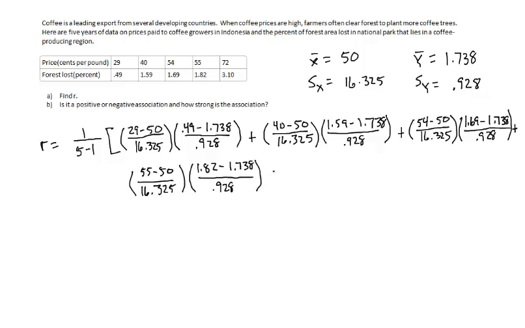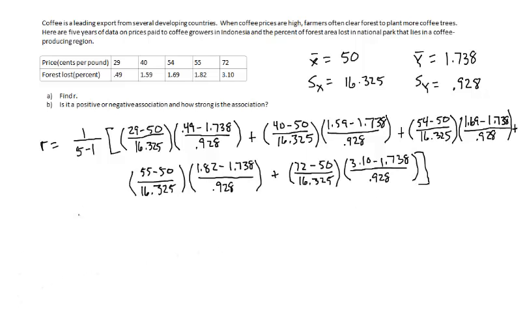And then our last set of data, our x bar is still 50, our xi is 72, 72 minus 50 divided by 16.325 times 3.1 minus 1.738 divided by 0.928. And now we need to take the time to crunch all of these numbers.